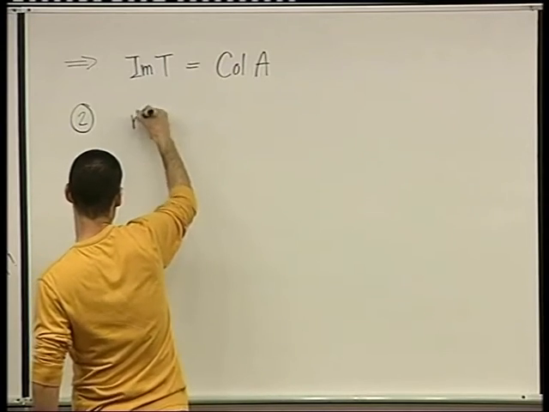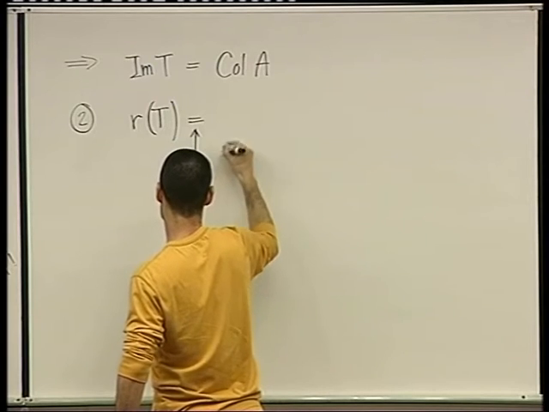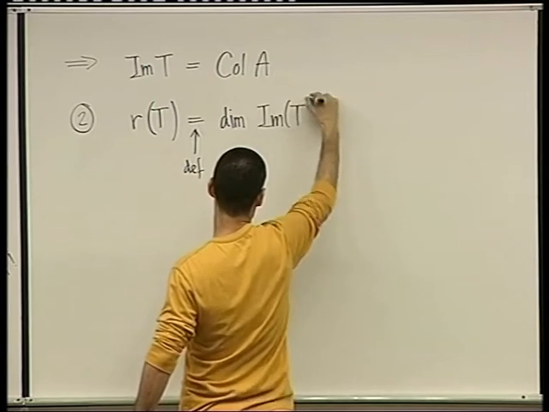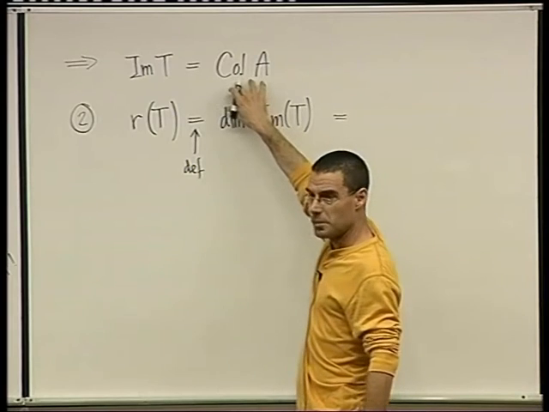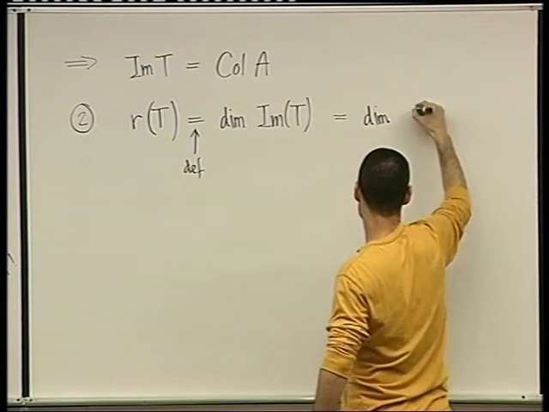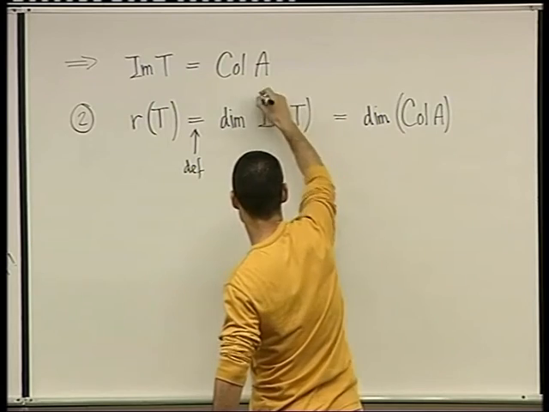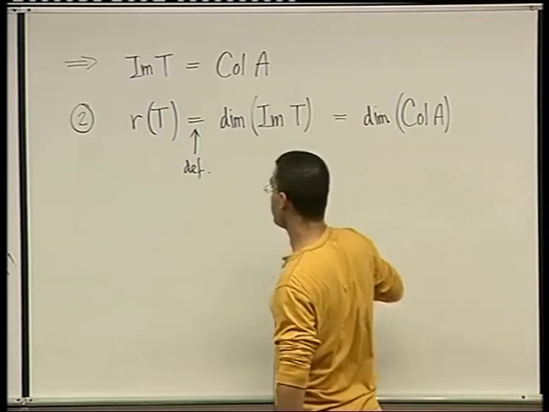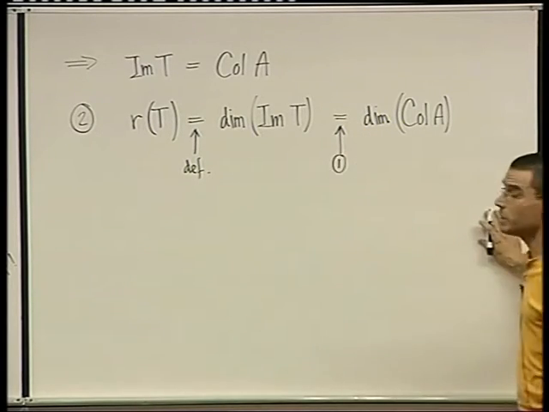So the rank of T, by definition, is the dimension of the image of T. But the image of T is the column space of A. That was part 1. So this is the same as the dimension of the column space of A. This is by the definition of the rank of a transformation, and by part 1 of the theorem which we just proved.